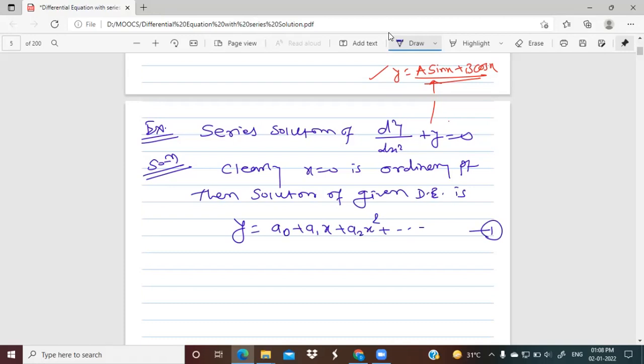I'm giving this as the solution, or actually the answer. Our only duty is to find it. We write this solution as the summation of an into x raised to power n, n equal to 0 to infinity. In short, only equation 1 is our final answer. Our a1, a2 are constants.